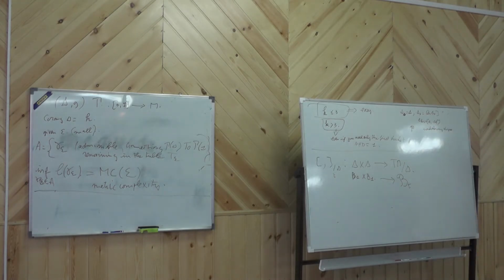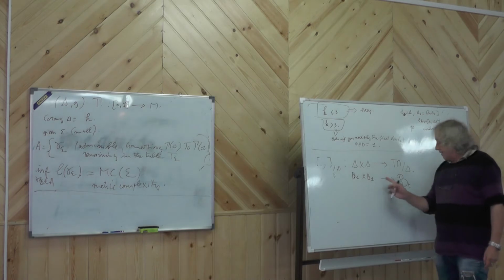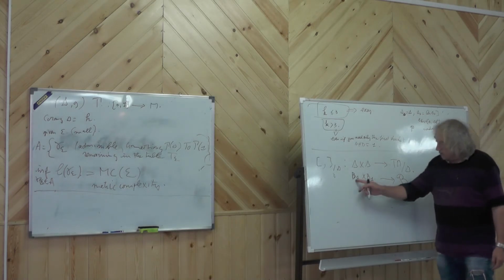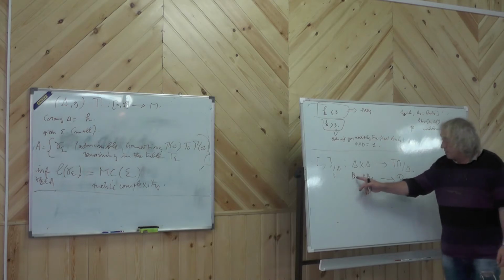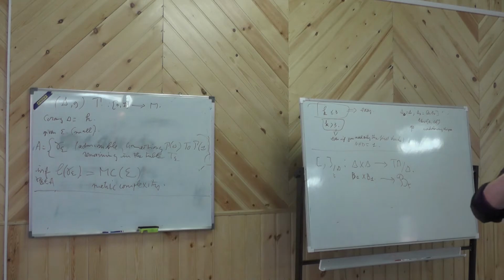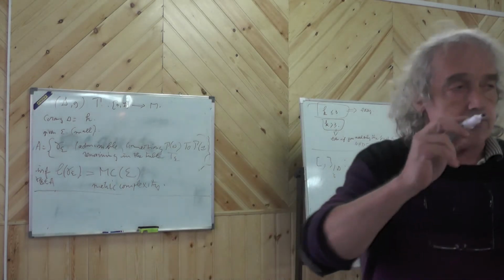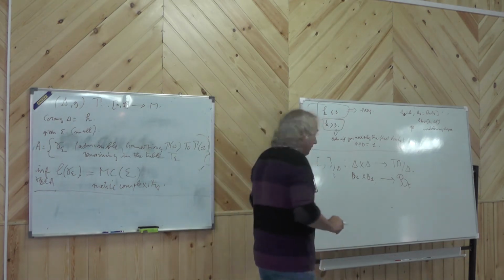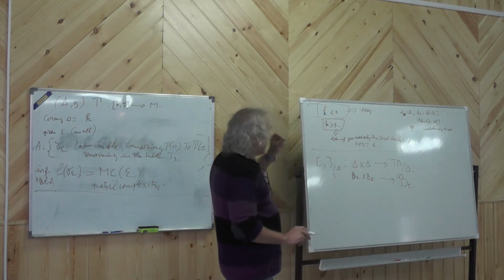Then I consider this set, the image of the product of two unit balls by the bracket modulo distribution mapping. And it turns out that the following property holds.